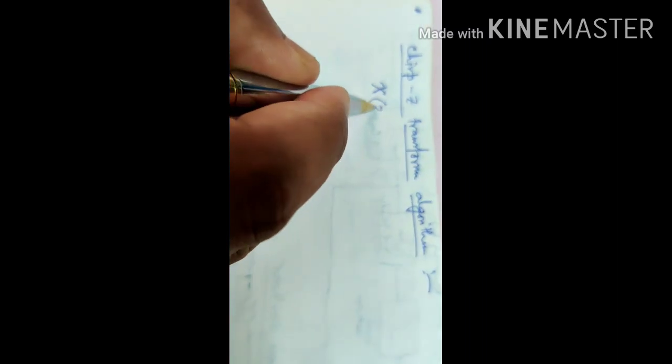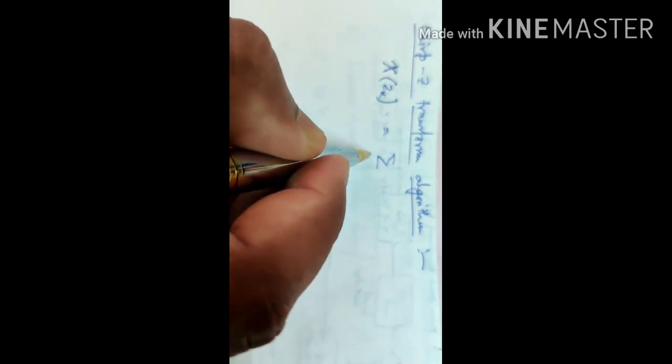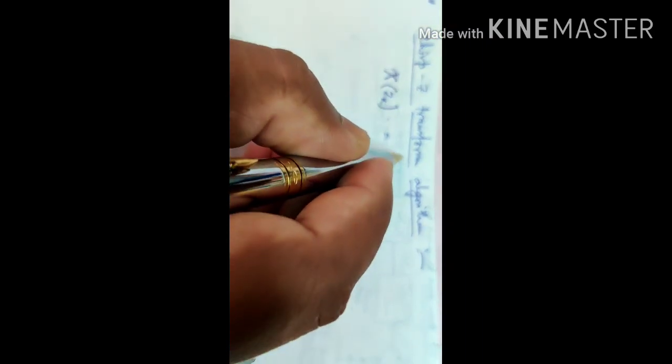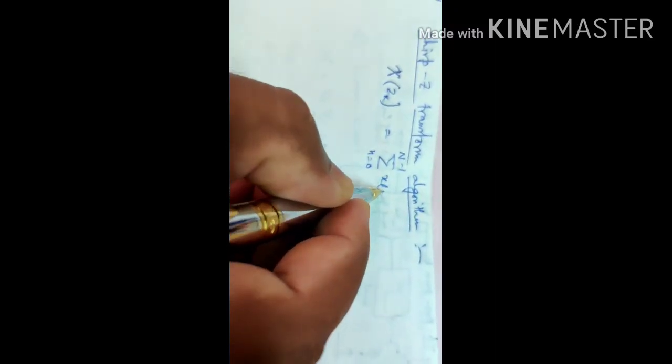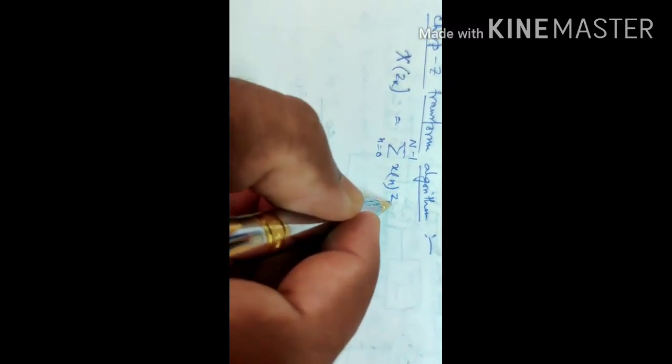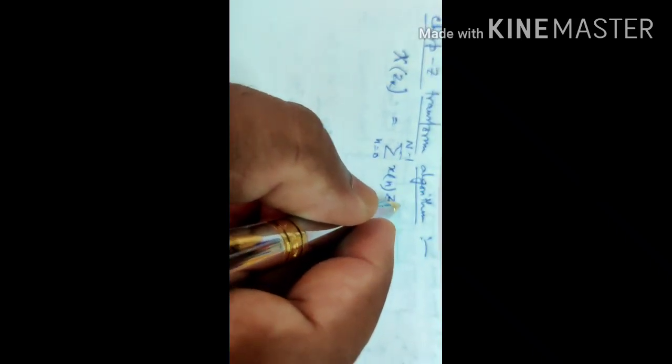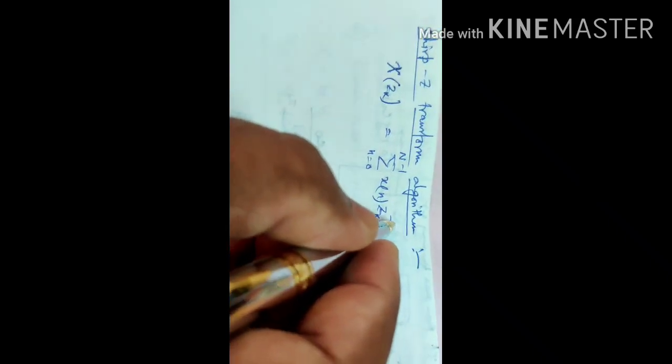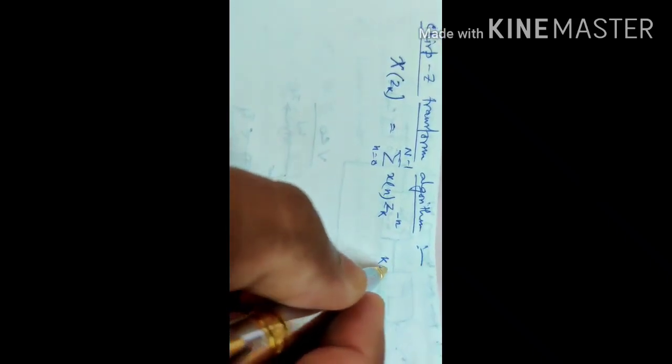X(z_k) at that point will be equal to the summation n equal to 0 to N minus 1 of x(n) z_k to the power minus n, where k equal to 0, 1, ... L minus 1.